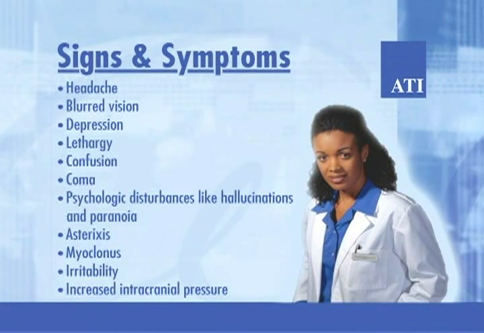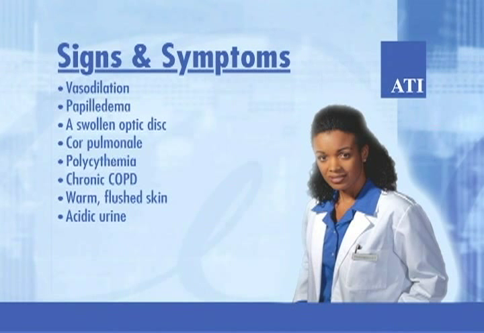The signs and symptoms include headache, blurred vision, depression, lethargy, confusion, coma, psychologic disturbances like hallucinations and paranoia, asterixis, myoclonus, irritability, increased intracranial pressure, vasodilation, papilledema, a swollen optic disc, cor pulmonale, polycythemia, chronic COPD, warm flushed skin, and acidic urine.